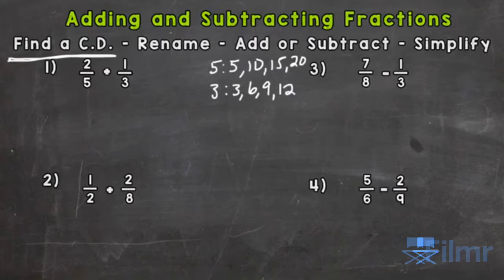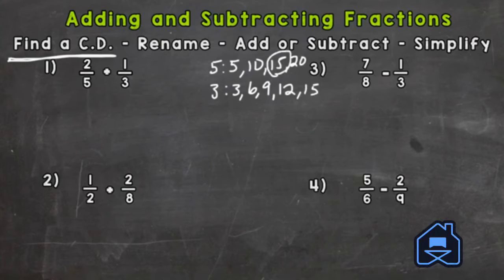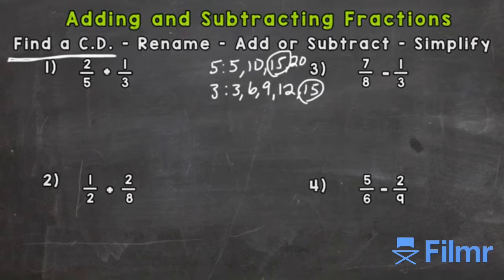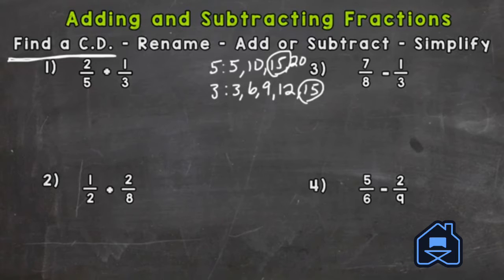Now we don't have a match for our multiples yet, so I'm going to extend the 3's. And my next one, I'll get a 15, and we can see that 15 is our least common multiple here. The multiple that 3 and 5 share, that is the smallest in value. So we're going to use 15 for our denominator.